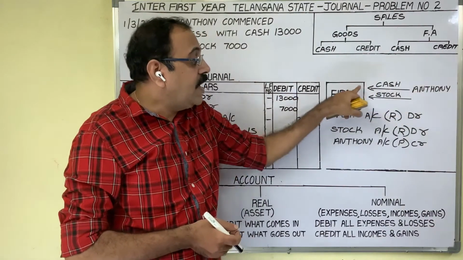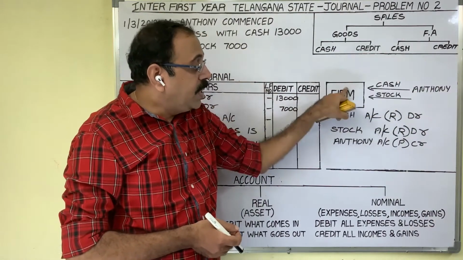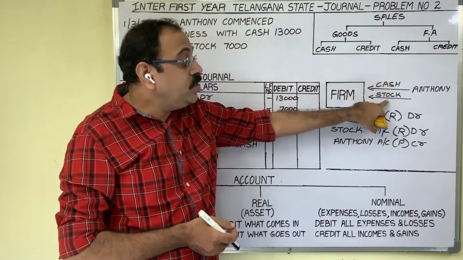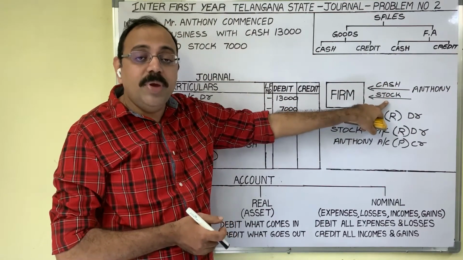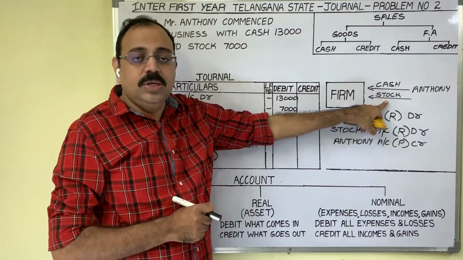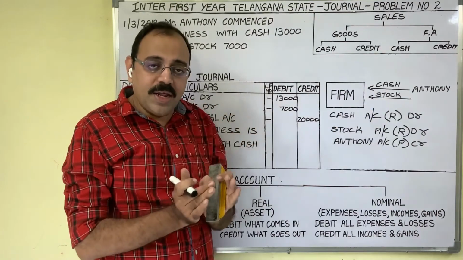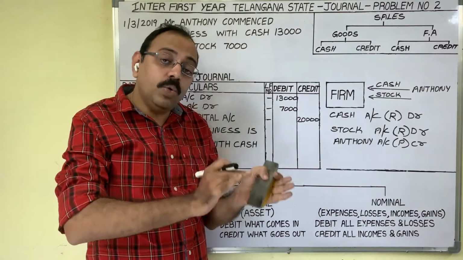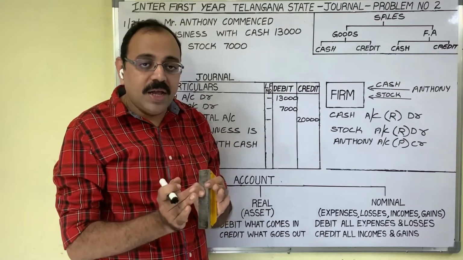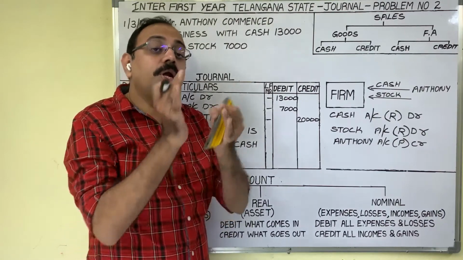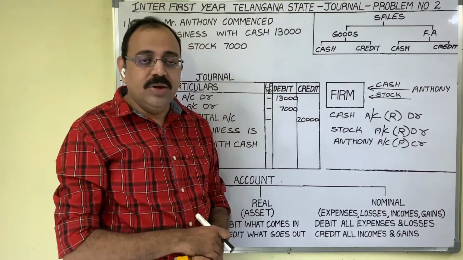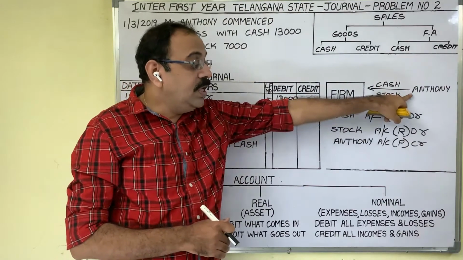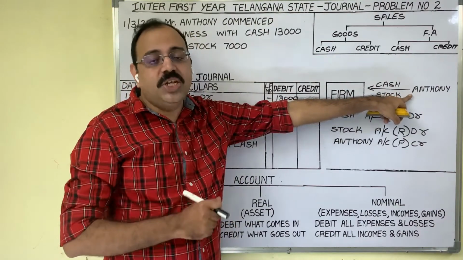Anthony started business by bringing cash and stock. Stock means goods. Goods means the articles with which we do business, the articles which we are going to sell to customers. For example, Anthony is running a stationery shop.